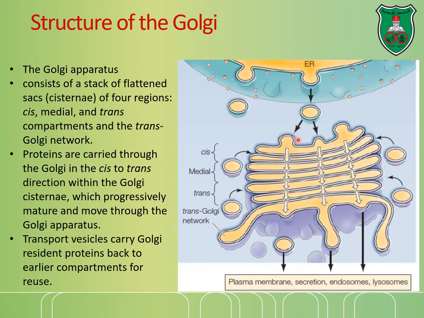Vesicles come in from the ER, and you have movement of these sacs until vesicles pop out of the Golgi, and some of them go back. Some of them go back and fuse with the previous sac.